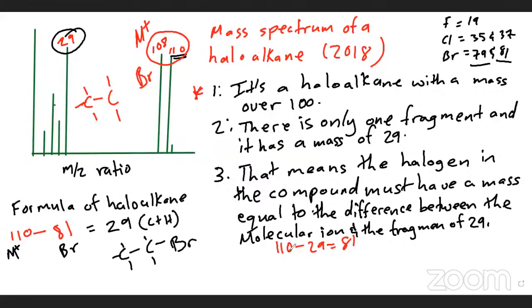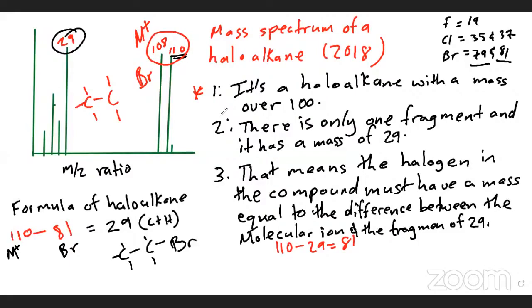Question, sir, just to be clear. You said that we basically subtract the 29 from the 110 to realize that it was bromine. And in the chat I asked if we could do this for everything. So you're saying that we couldn't do this for any other problem, it's just a coincidence, subtracting the 29?